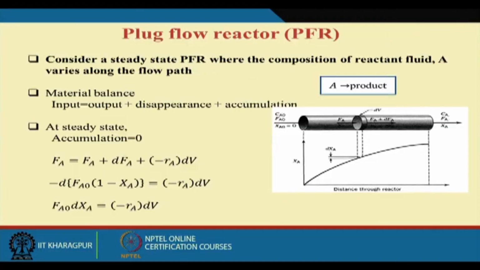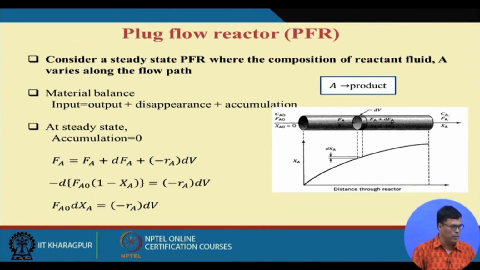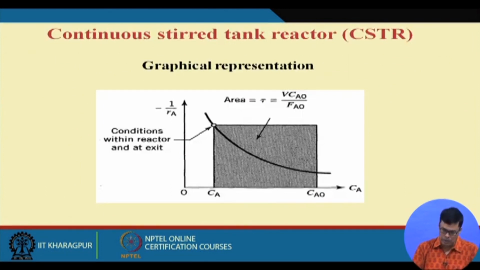So I shall show you when I discuss the other reactor, then I can make a comparative study and show you how we can design the reactor and select which reactor will be better for our system. Now the next continuous reactor I am going to discuss is the plug flow reactor. But before that, let me discuss this one, because last time I discussed the batch process.